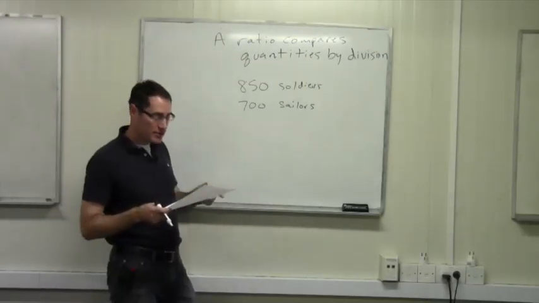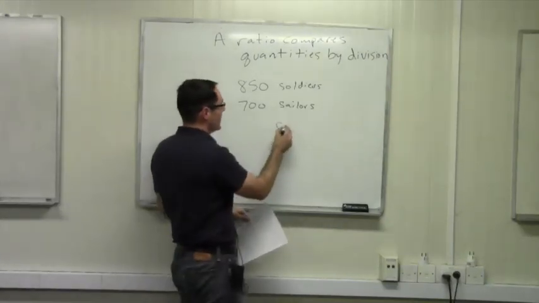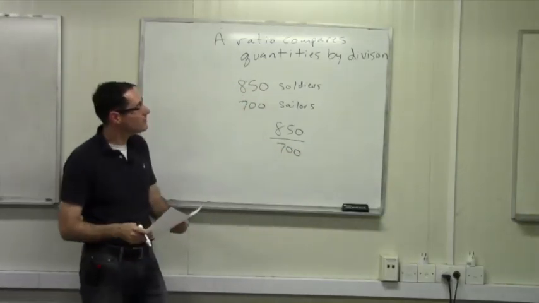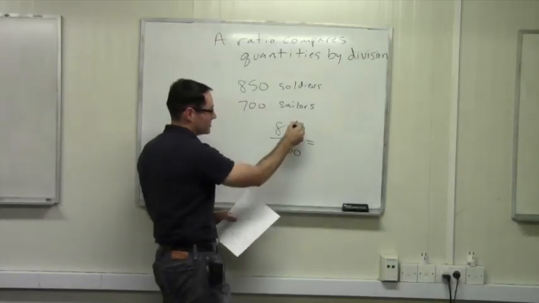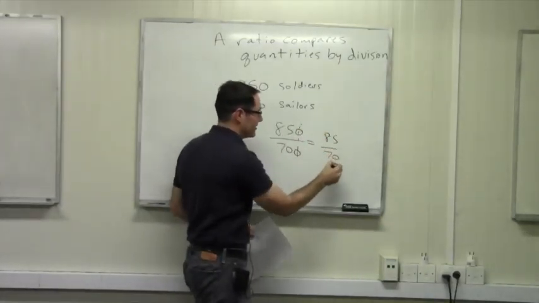850 soldiers and 700 soldiers. Okay, the ratio is 850 divided by 700. The first thing is you can divide by the 10 there, so you get 85 divided by 70.